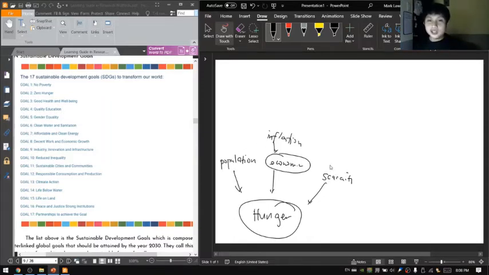Next, food scarcity. When we talk about food scarcity, this could be due to land or weather. I can think of only two.